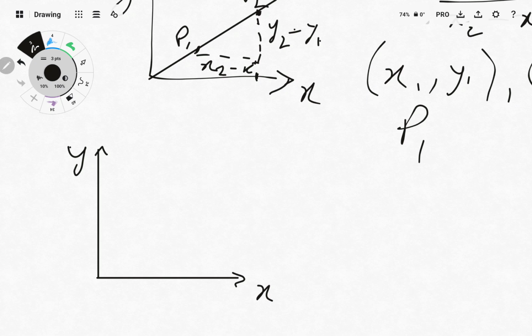Now let's say we have a curve instead of a line, and let's say that the formula for this curve is y equals x squared. Alright, this is the graph of y equals x squared. How would you go about finding the gradient of this curve?